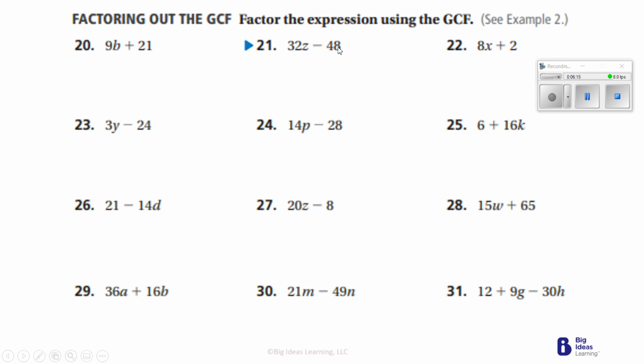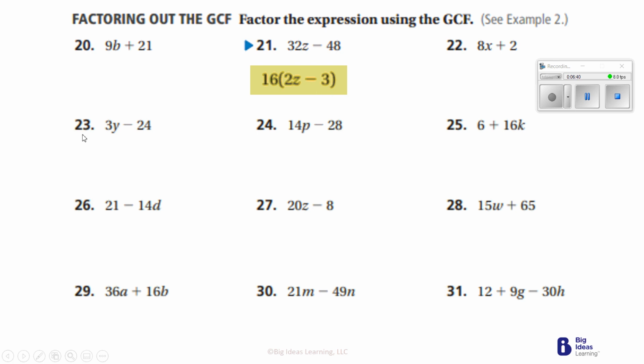So I'm going to say 16 goes into both of these. So this would be 16, and then in parentheses, 2z minus 3. See, the 16 times 2 equals 32, and 2z will make that 32z. And the negative 3 makes 16 times the negative 3, negative 48.